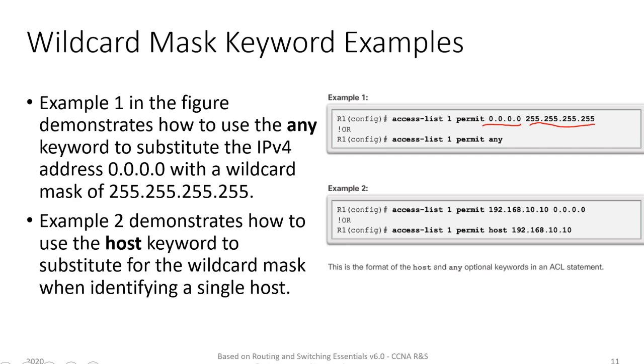Whereas if you want to specify a single host, we would give the host address with the mask of 0.0.0.0. We can use this to specify if we want to allow traffic from all sources, for example. To permit all sources, any, we would use 0.0.0.0 in combination with the wildcard mask.